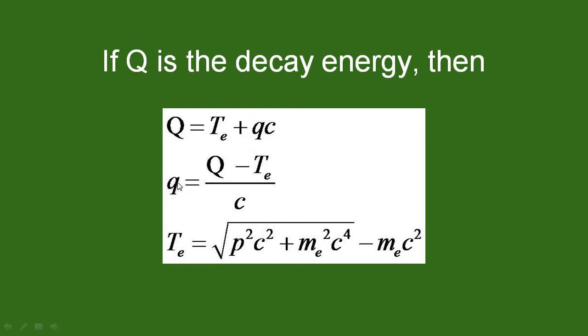From that, the expression for momentum of neutrino you can write q as Q minus TE by C, where this TE is the kinetic energy of electrons, and in the relativistic calculations, you have to take that TE as root of P square C square plus ME square C raised to 4 minus ME C square.